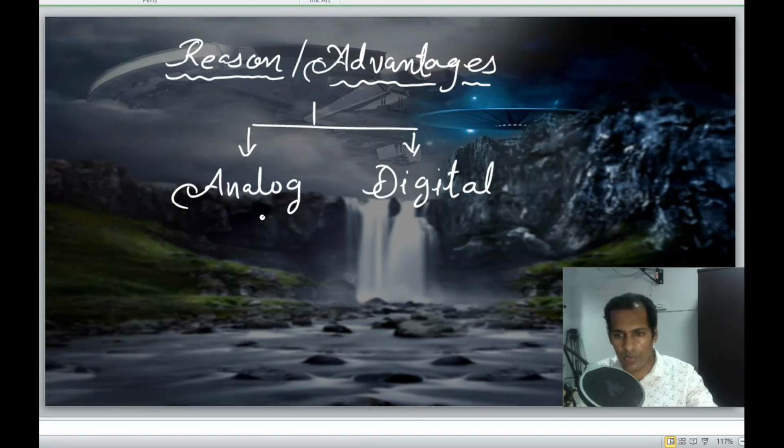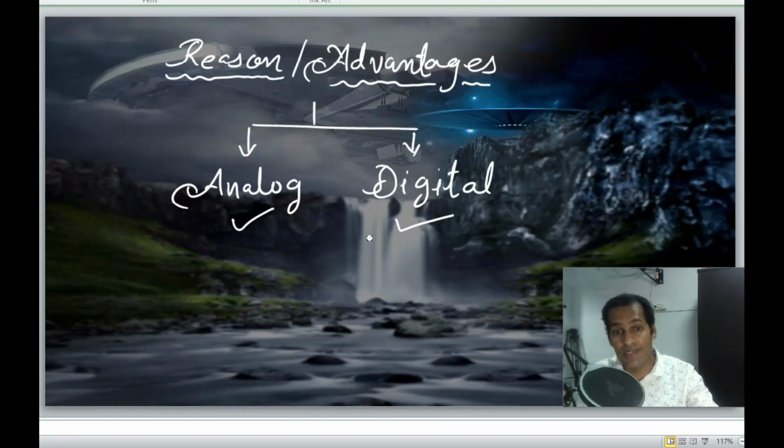Both of them are important. Analog, as it is a natural signal, is very important, and digital, of course, nowadays we are living in the digital era, so this digital system is also very important.